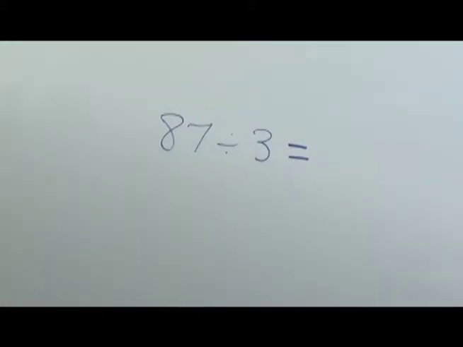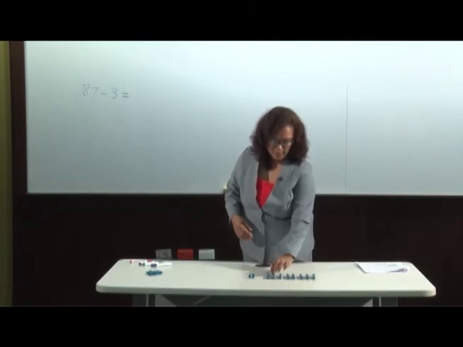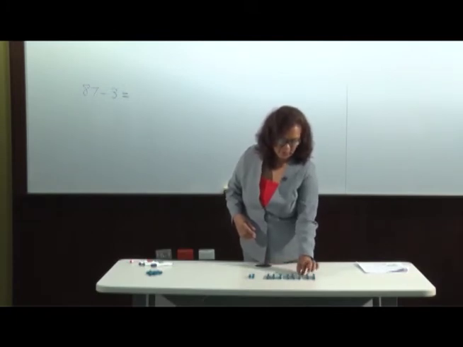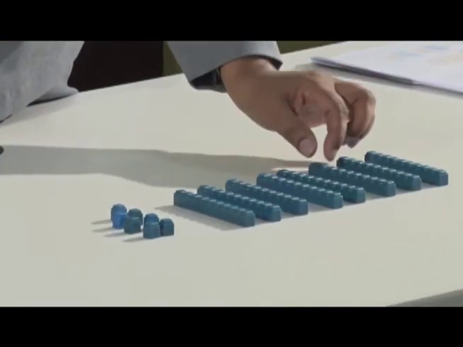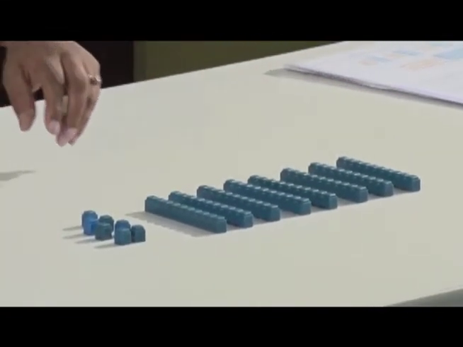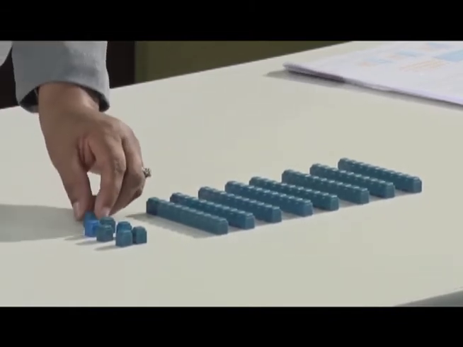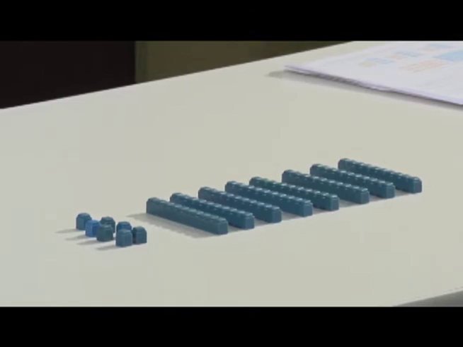So on the table, I have 87 represented with our base 10 materials. So I have 8 rods, which is equal to 80. And I have my 7 units to represent the 7.